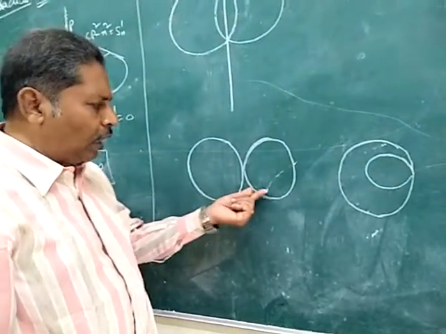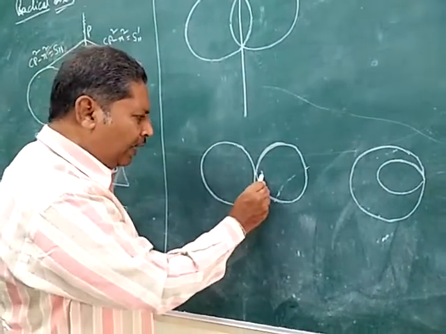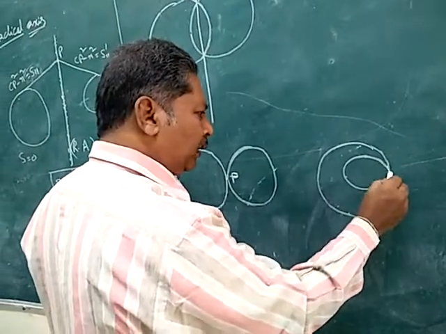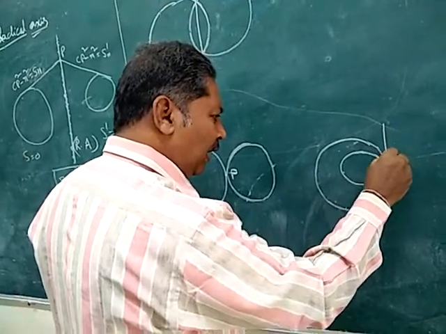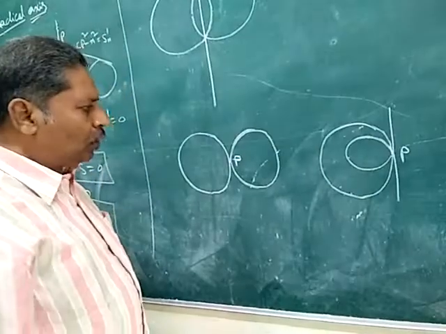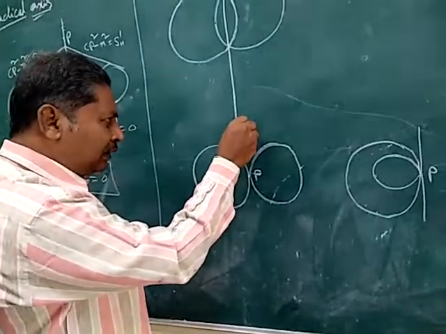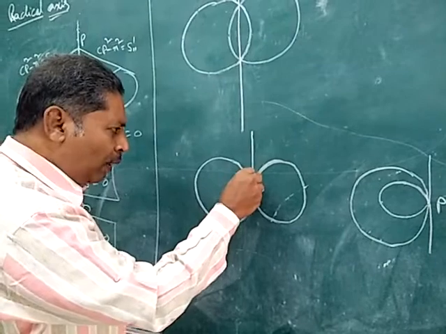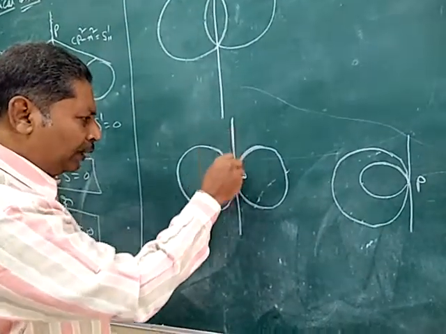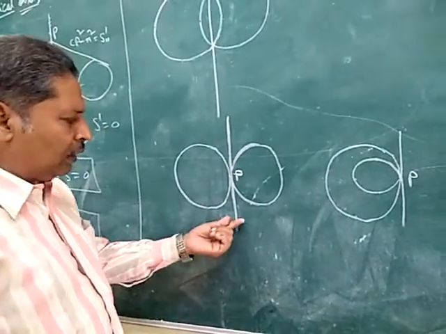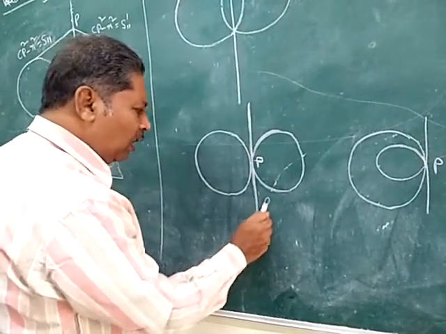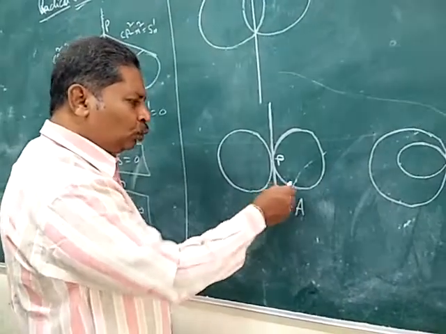These two circles touch each other externally at P. These two circles touch each other internally at P. So the radical axis is nothing but the common tangent at their point of contact. So this is the common tangent of these two circles. This is the radical axis of these two circles.